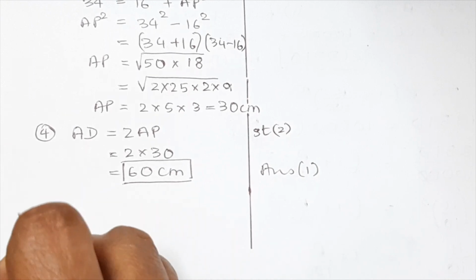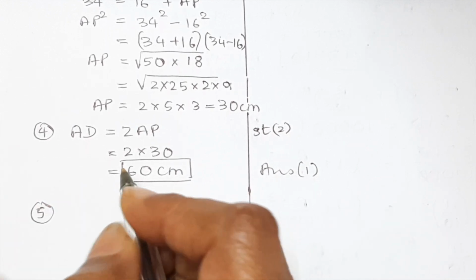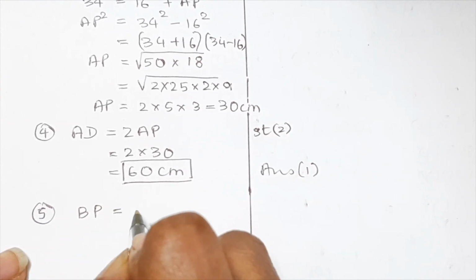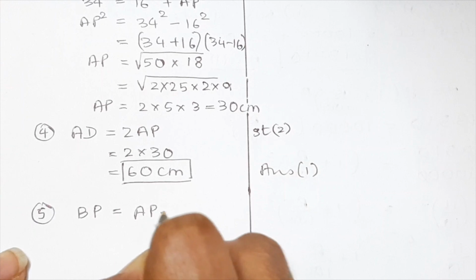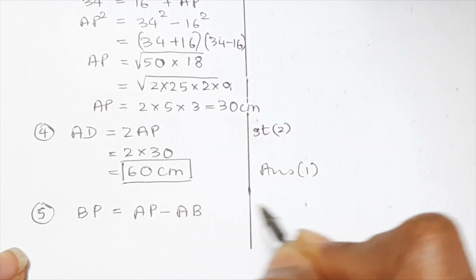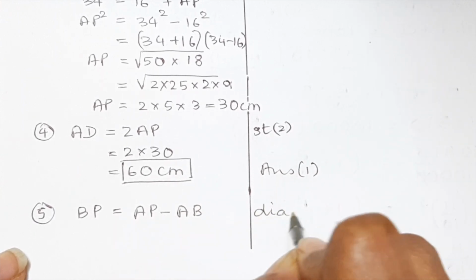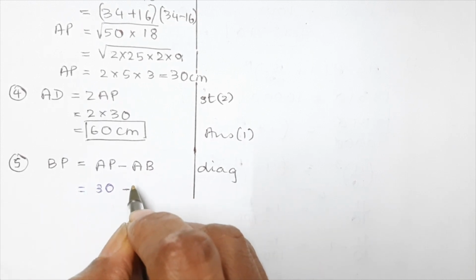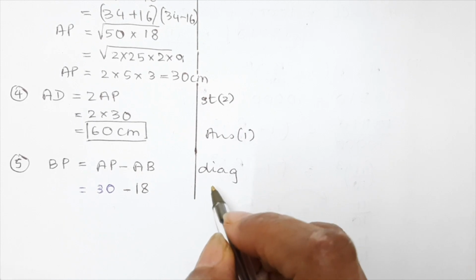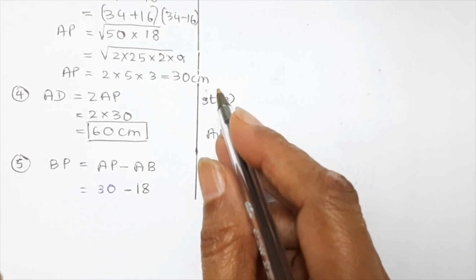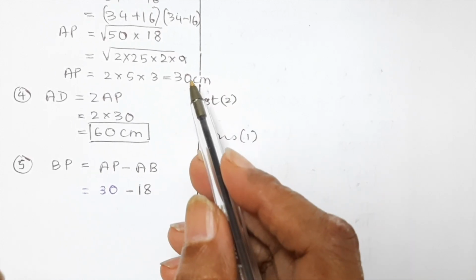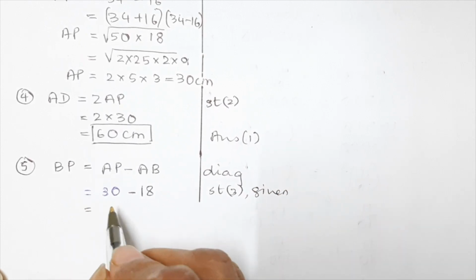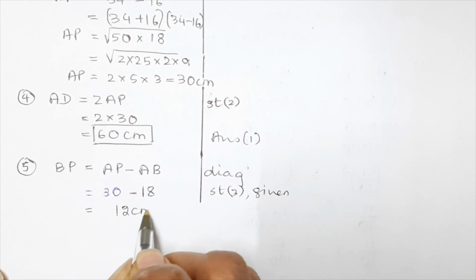Okay, so we come to statement number 5. We will say that BP is equal to AP minus AB because of the diagram. Now AP is 30 centimeter minus AB is 18 centimeter, and this will be from statement number 3 and given, which comes out to be 12 centimeter.